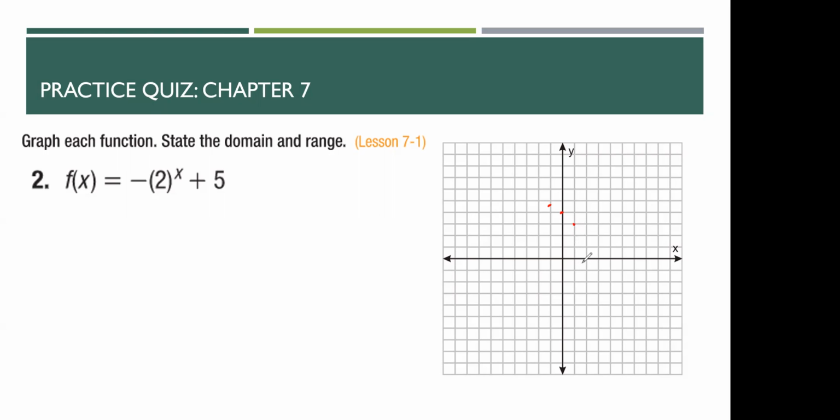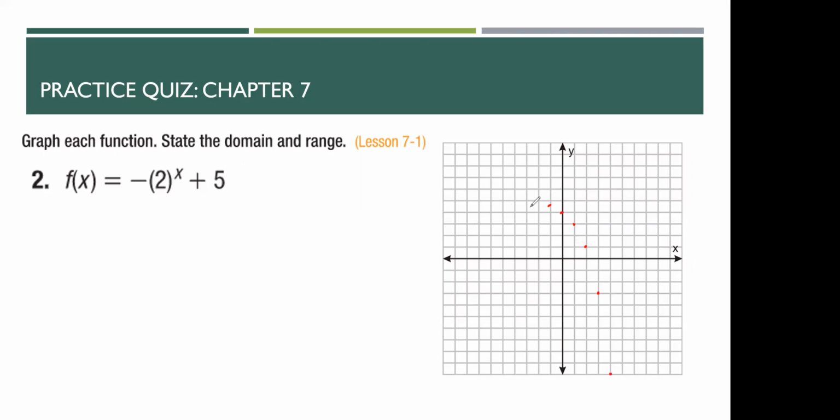When x was 2, f of x was 1. And when x was 3, f of x was negative 3. Okay. And if we added x was 4, you would get negative 11. So that'd be all the way down here.